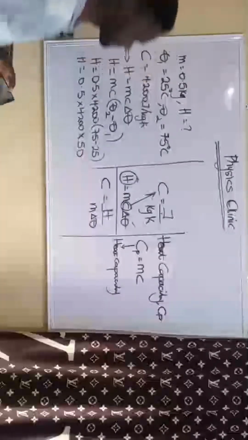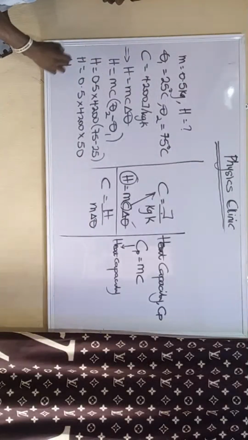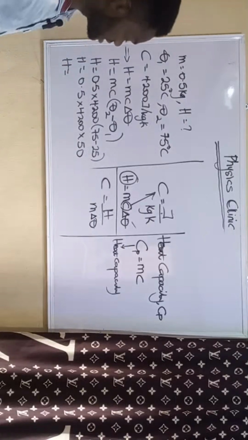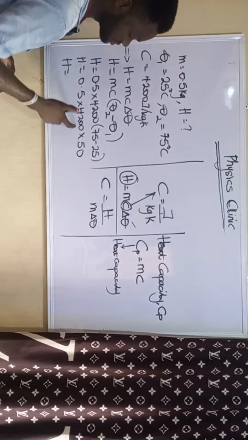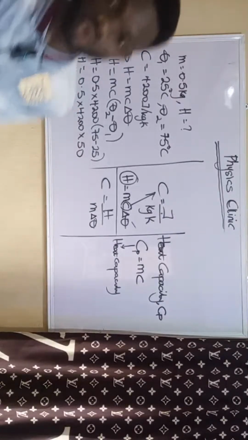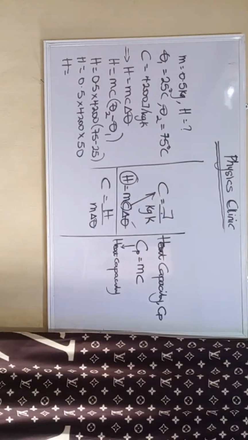50. So I want you to punch your calculators if you have a calculator there, and let's get the value for 0.5 times 4,200 times 50. We have 1 minute to do that, please. If you've gotten your answers, just type it in the chat.